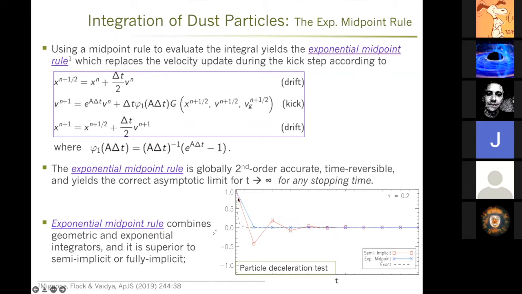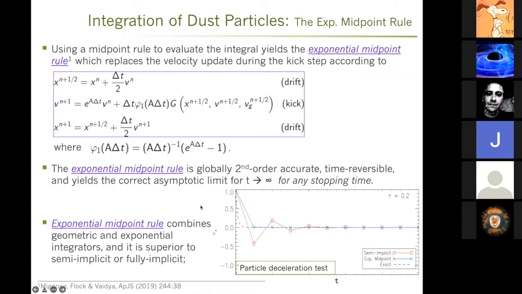As you can see, it will immediately slow down. Now, the implicit method will try to capture the behavior by overshooting and undershooting the exact solution many times. But the exponential midpoint in one single time step will actually go to 0 and recover the exact solution afterwards.